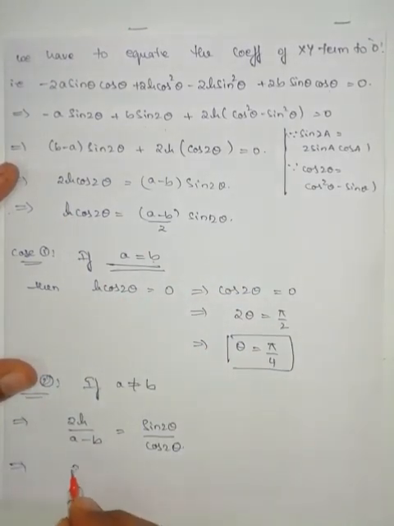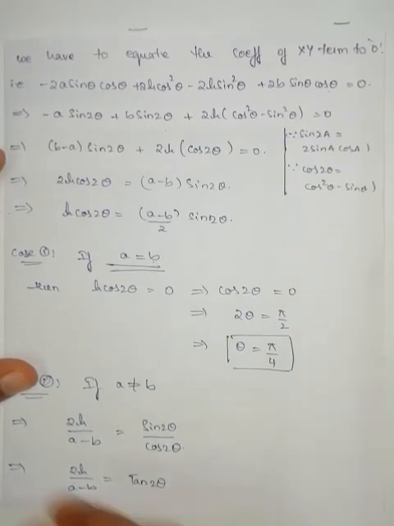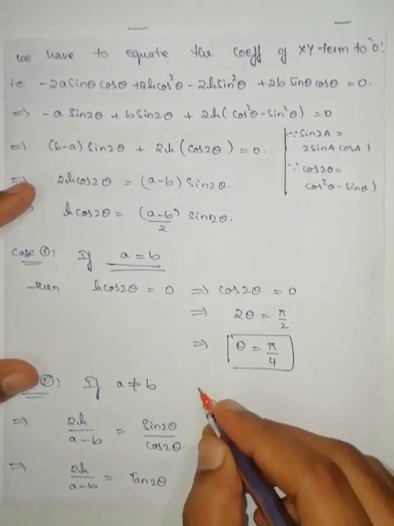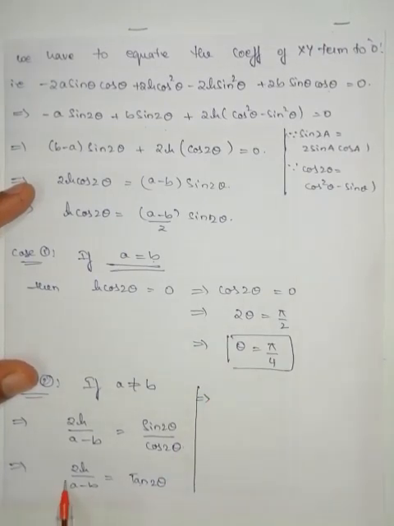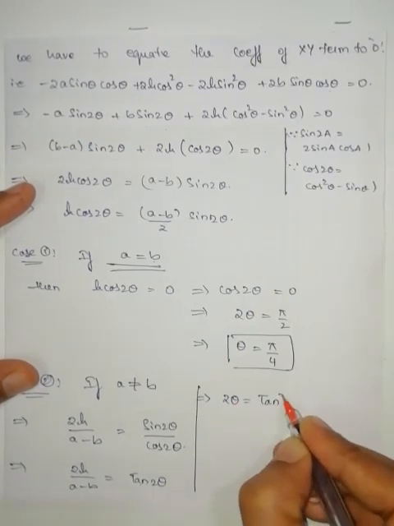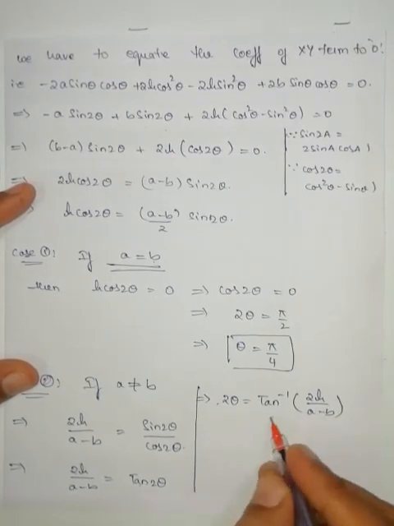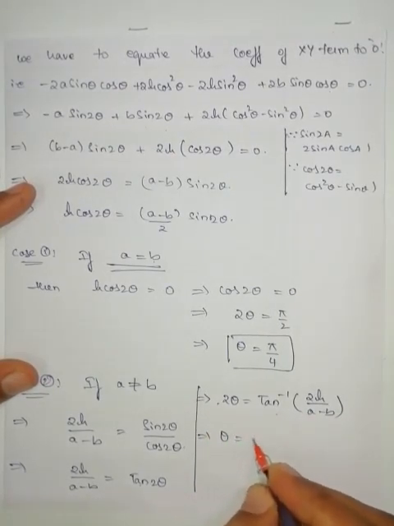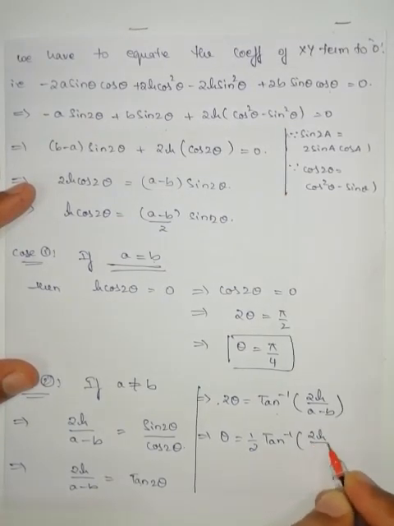This implies 2h by a minus b is equal to sin by cos is tan 2 theta. Continue, I am writing here. Now I am sending tan here, so it becomes 2 theta is equal to tan inverse 2h by a minus b. Now sending this 2 here, theta is equal to 1 by 2 tan inverse 2h by a minus b.